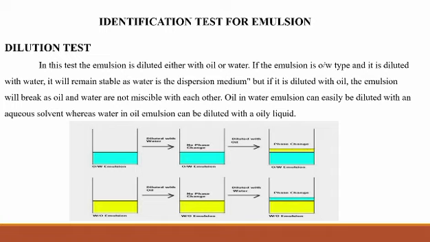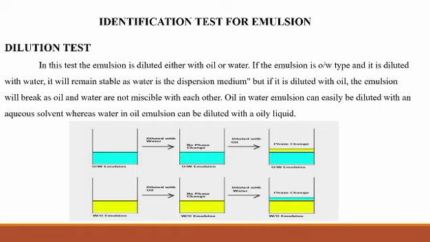We can easily identify that the emulsion will break, as oil and water will not be miscible with each other. We can easily identify there will be 2 different phases. The water will be in large amount and the oil will be in small amount. With that, we can easily identify the dispersion medium, and with the help of the dispersion medium, we can easily identify which type of emulsion this is.